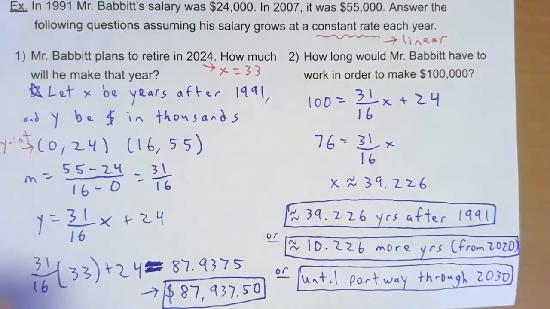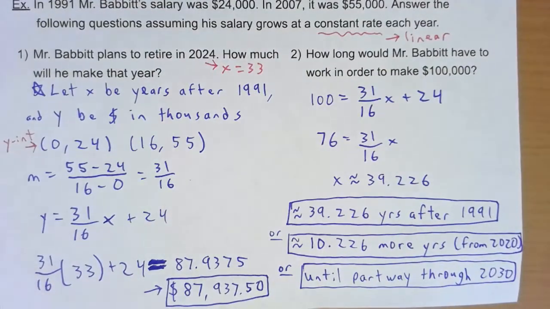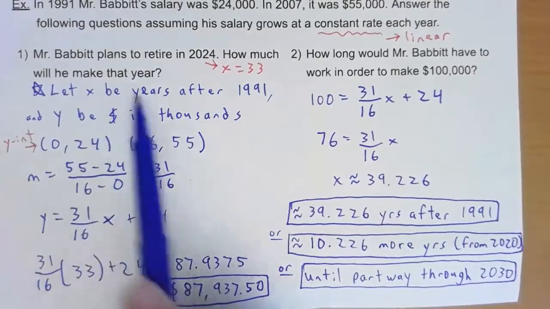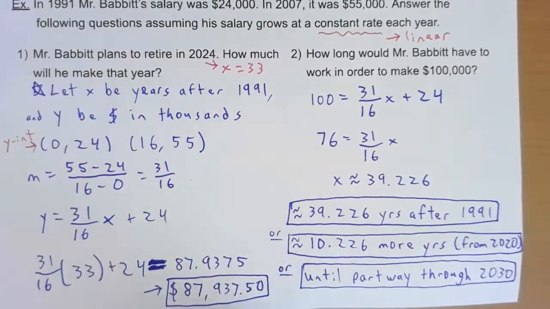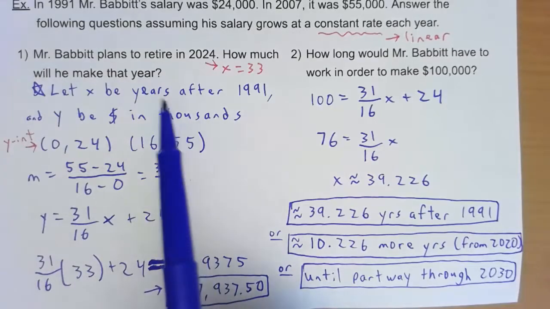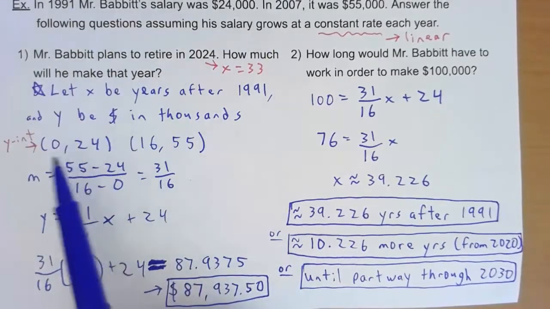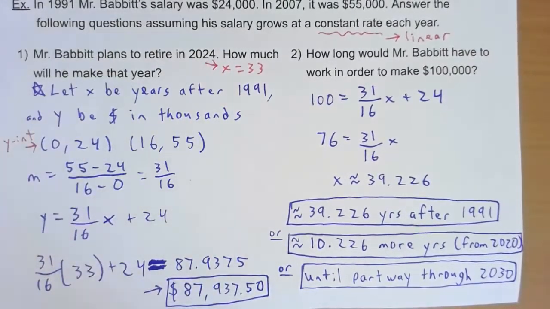And so here are the answers that you can take a look at. Again, you might have done the work a little bit differently. The choices I made were, I did the cheating way here. I made the x be years after 1991, because then with this first pair of information, I had my y-intercept already.